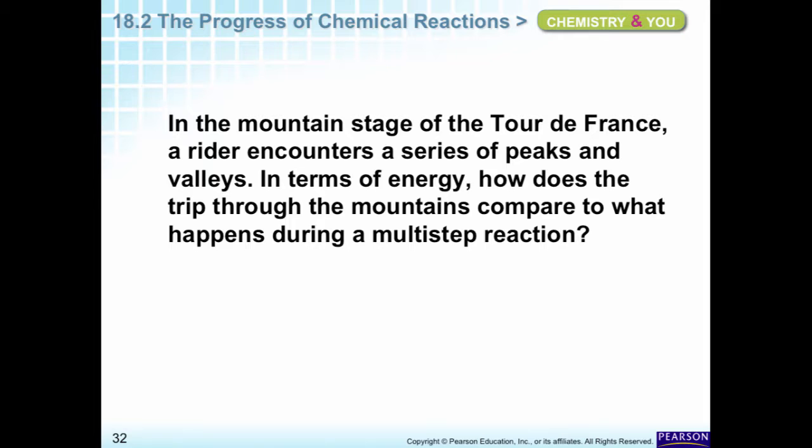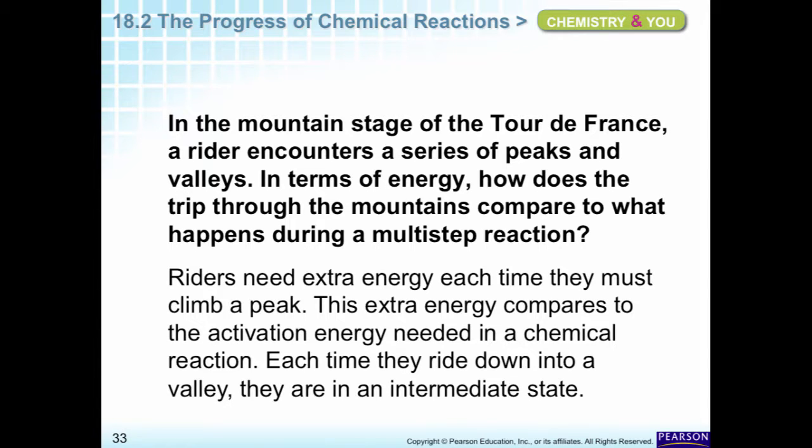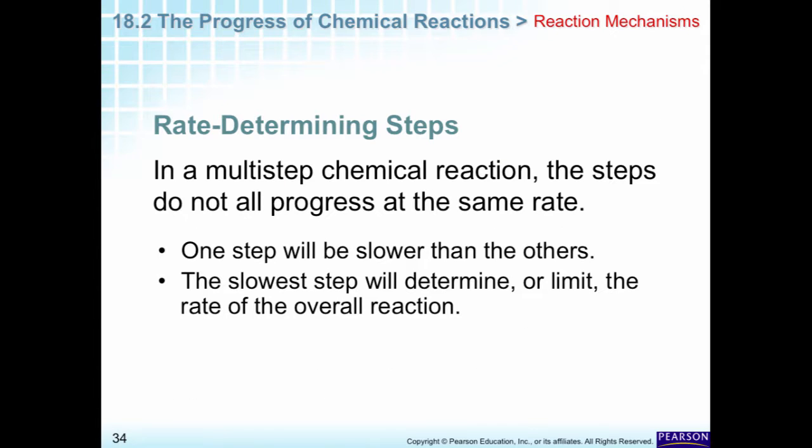What does the rider have to do to get back up those hills? They have to give more energy. Okay, so it's an activation energy needed in a chemical reaction. But when they ride down, they may get into a valley and they're at an intermediate state until the end of the race.